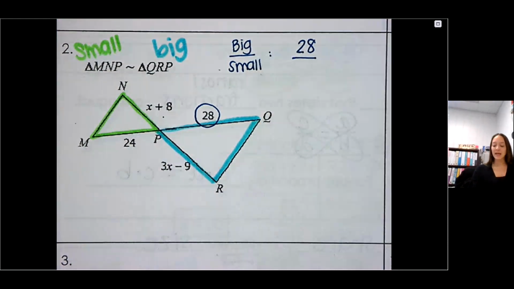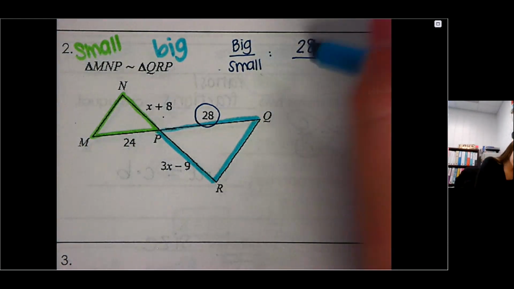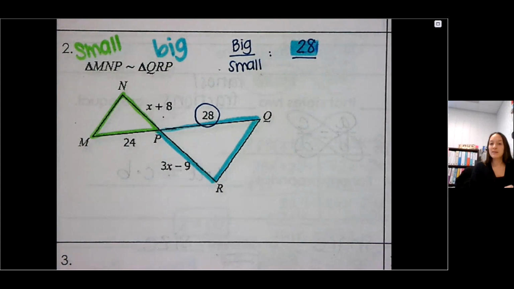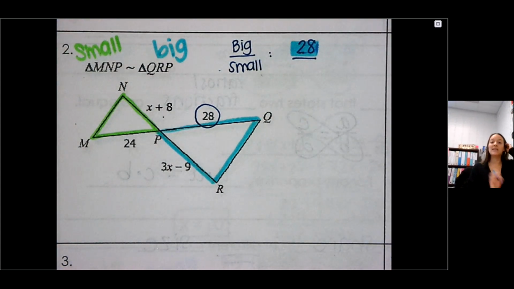Okay, 28's the big. Now, which side matches 28 in the small triangle? Are you sure? Yes. How do you know? It's flipped over, yes. How else do you know that it's definitely the 24 and not the X plus 8?